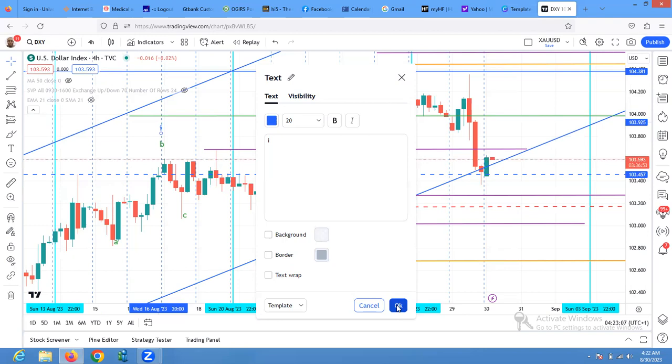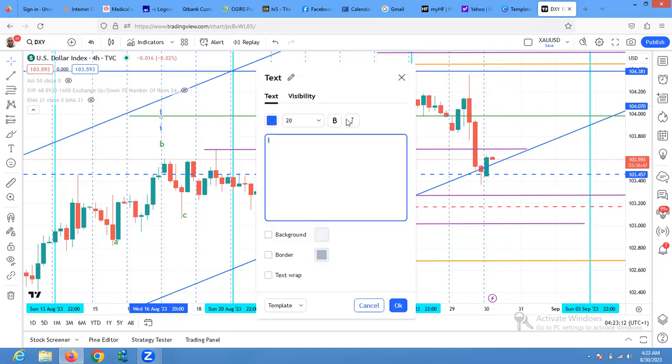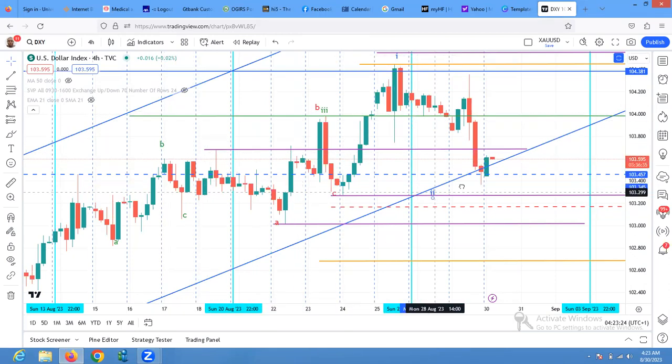So that will be a wave 1, and this will be a wave 2. So this will be a wave 1 that we're going to break the top one more time. And now this will now be a wave 2.